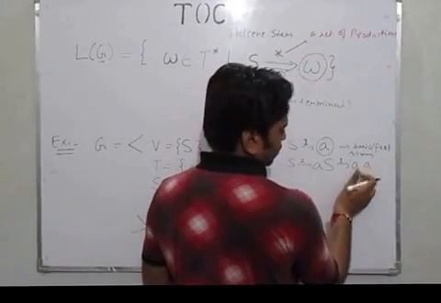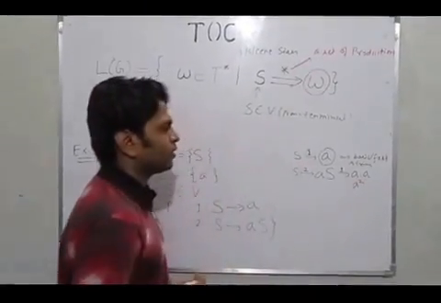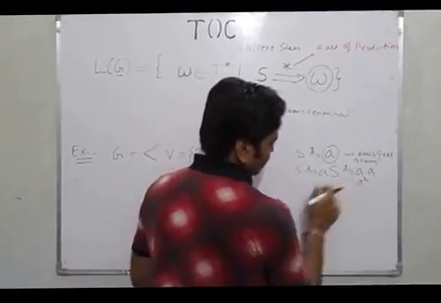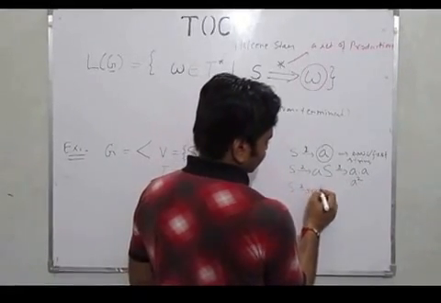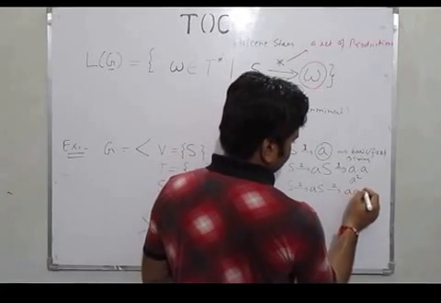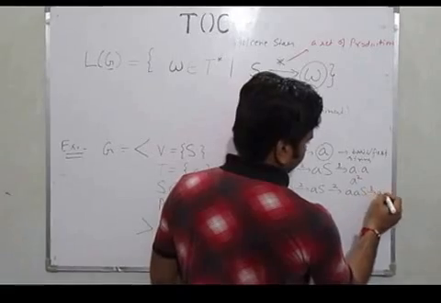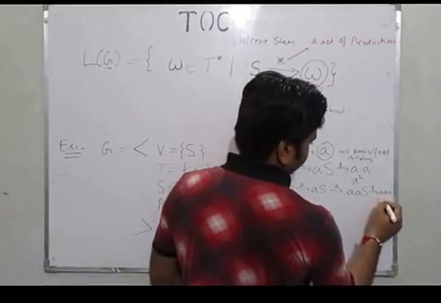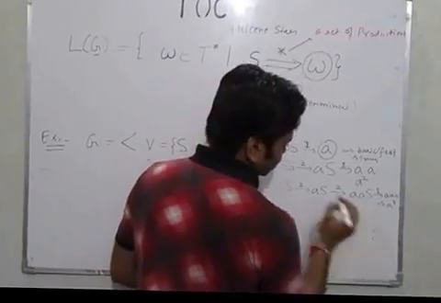Find this a dot a, which is nothing but a square. So this is a second string. Similarly, I can go successively to define various possible strings for this grammar.